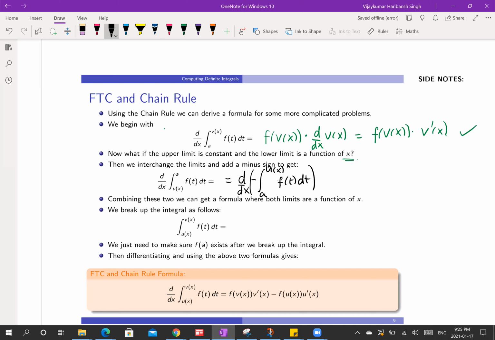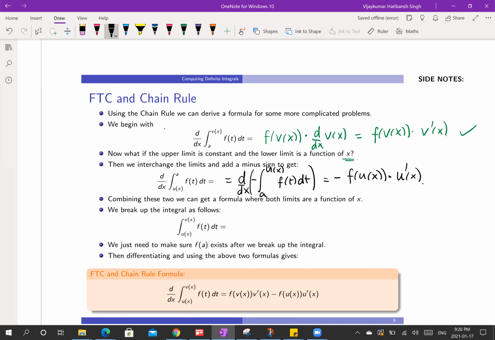And now we can apply the same thing. The negative sign comes out of the derivative. So we have minus, the derivative of this integral is going to be f of u of x multiplied by the derivative of u of x, which is u prime of x.